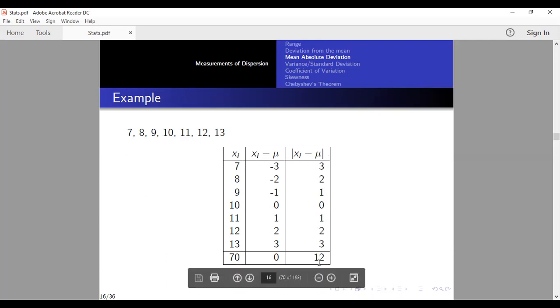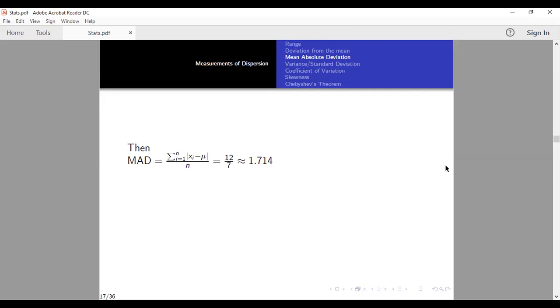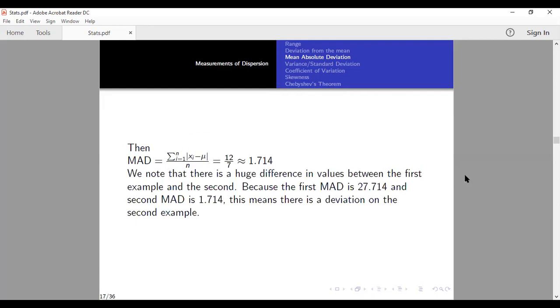Then when we add all these values, what do we have? 12. Then we just simply divide, so that we have 1.714, and that is it. This is how easy it is to calculate the mean absolute deviation.